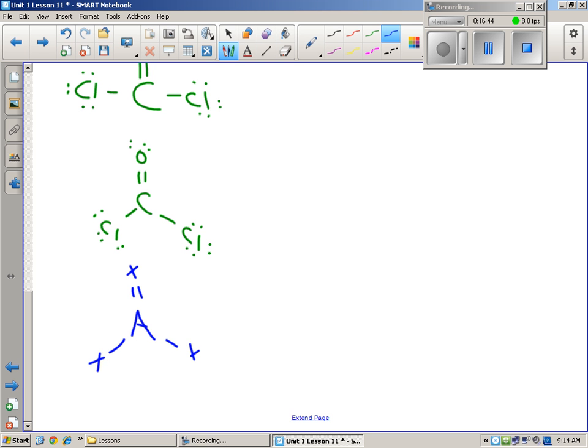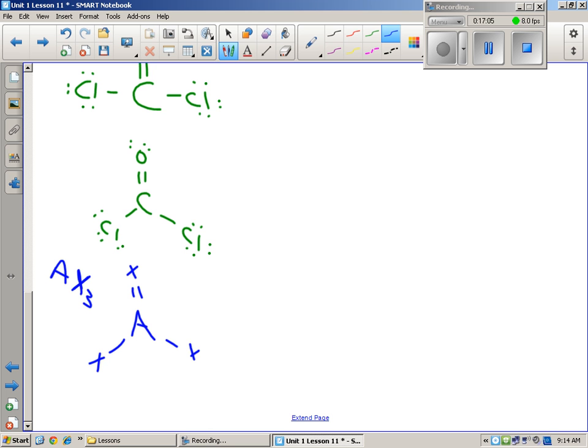It just matters how many atoms are bonded to it, or how many lone pairs we have. So I know that O and Cl are different. I don't care. They could be all the same. They can be all different. I don't care. So this is AX3, of course.